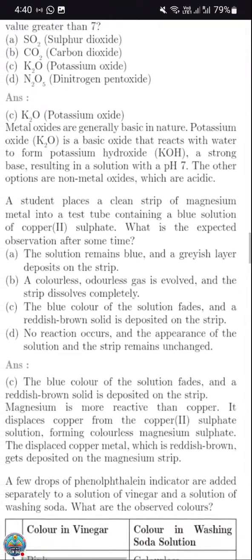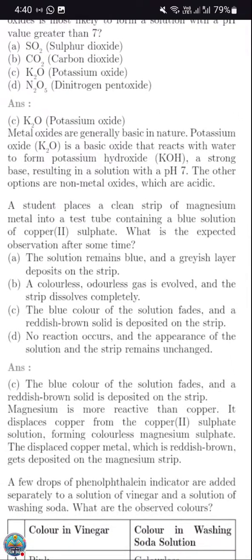A student places a clean strip of magnesium metal into a test tube containing blue solution of copper sulfate. So for this kind of questions, you must be very clear with reactivity series. So here magnesium is dipped in copper sulfate solution. What is expected?